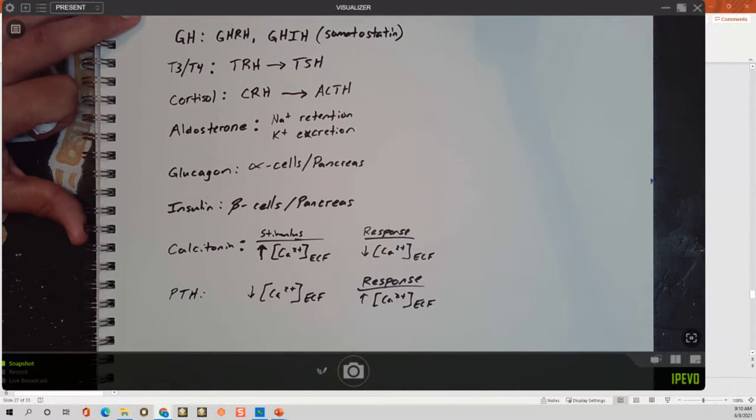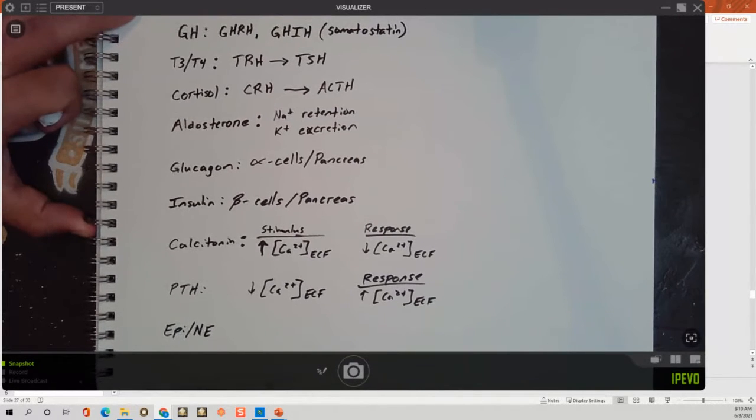We want to make sure that we don't forget about epinephrine and norepinephrine. We've got to know about these. They tend to be bundled together. You're going to see that they aren't exactly the same, but if they are released as neurohormones, we often consider them in the same bag.